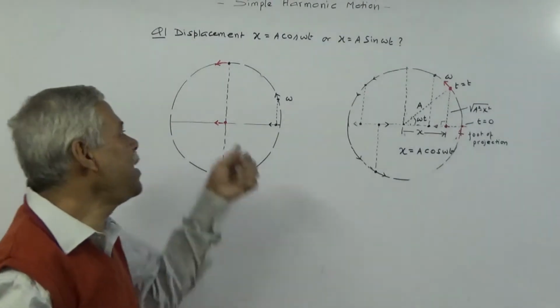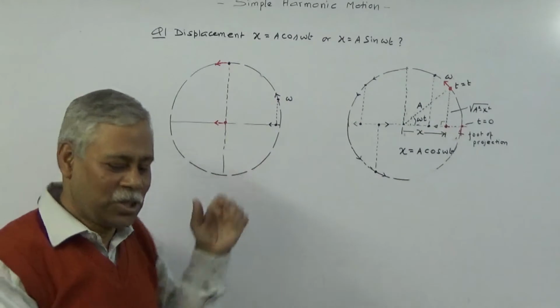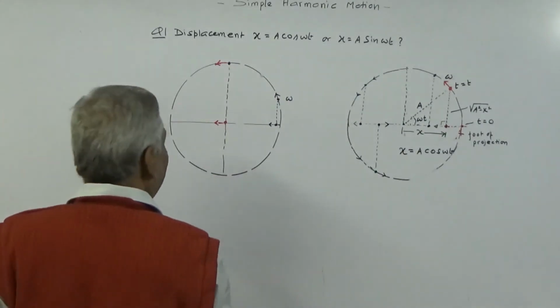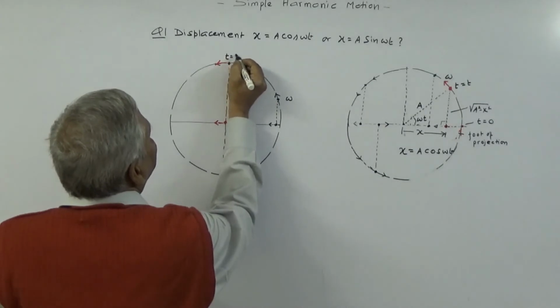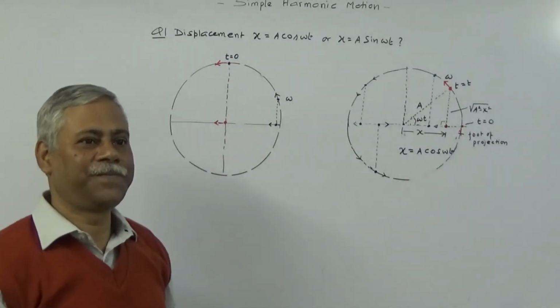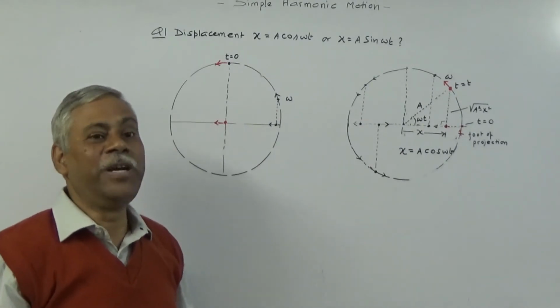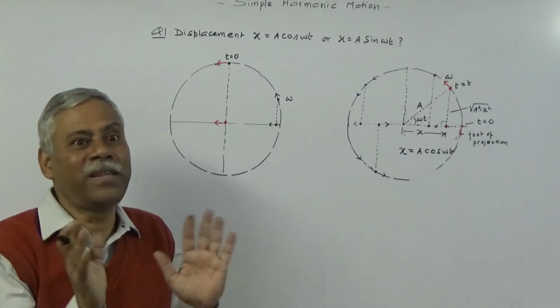Right at this instant, you have started your stopwatch. So that means I will mark this as t equal to 0. So it all depends on your choice of t equal to 0. The particle has nothing to do with it.